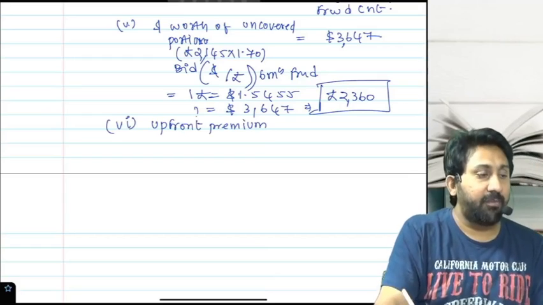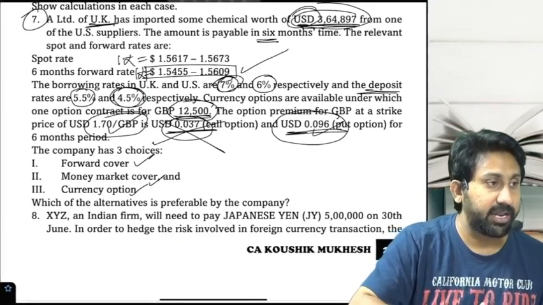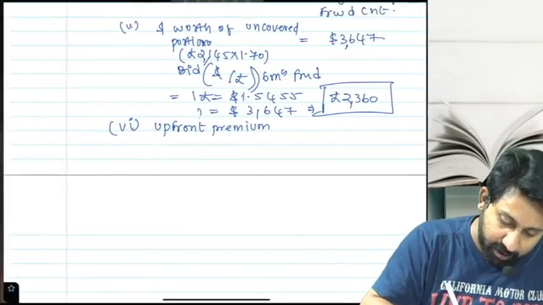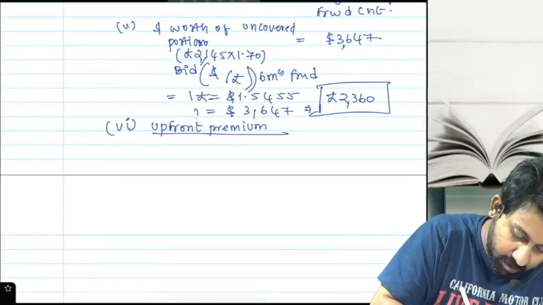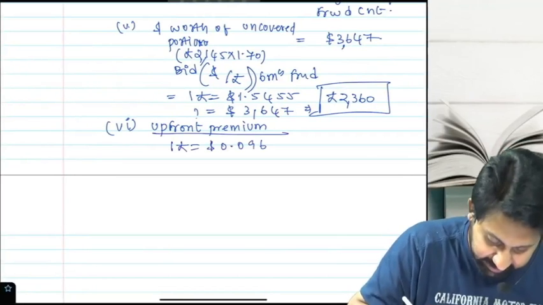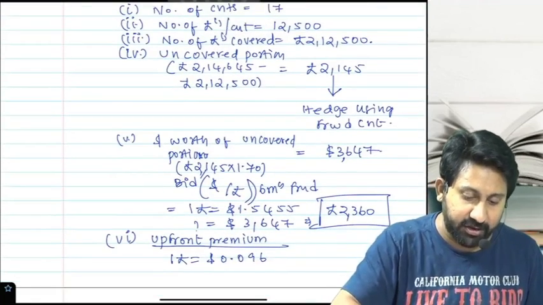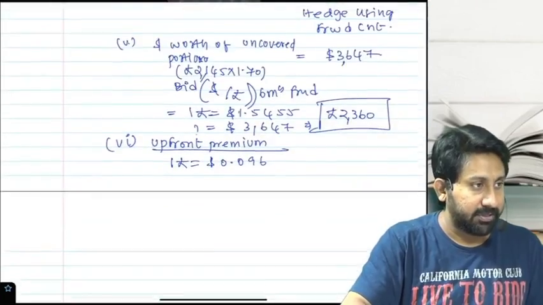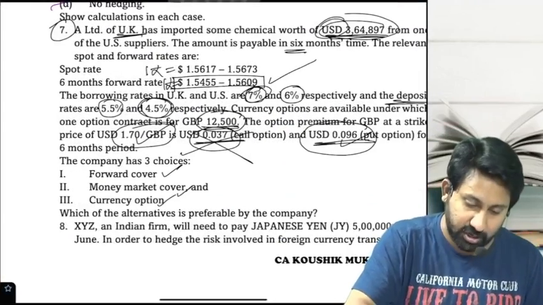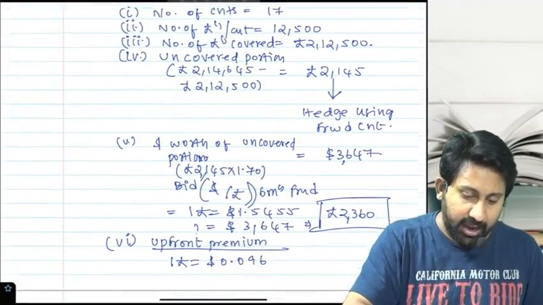Next, there is an upfront premium I need to pay. How much is the put premium? Dollars 0.096. See here, 1 pound equals dollar 0.096. Now you should tell how much worth I need to convert.